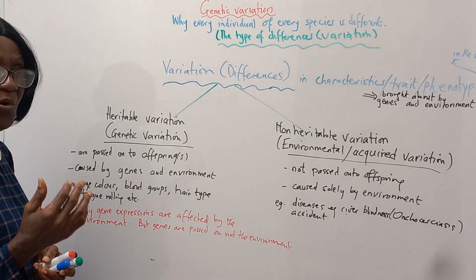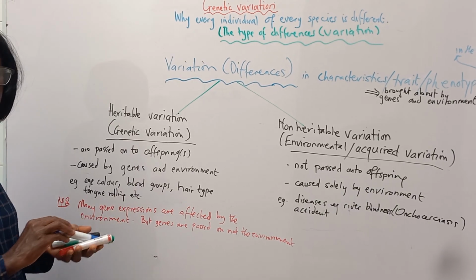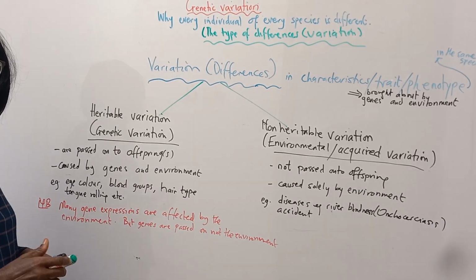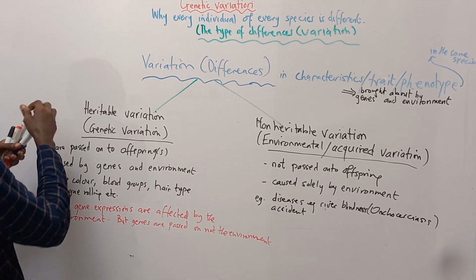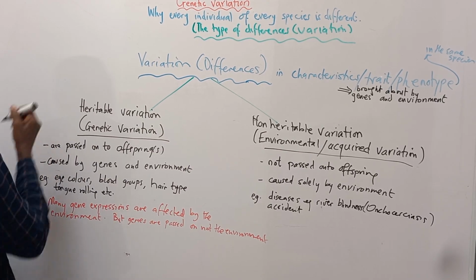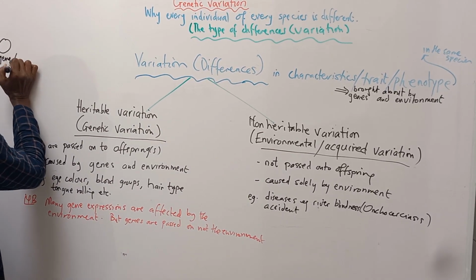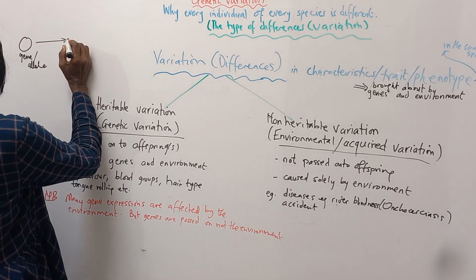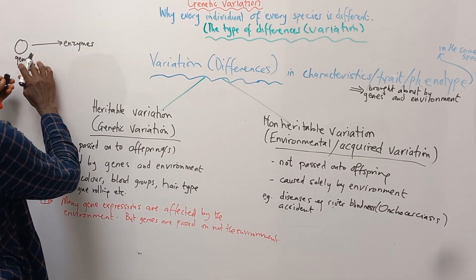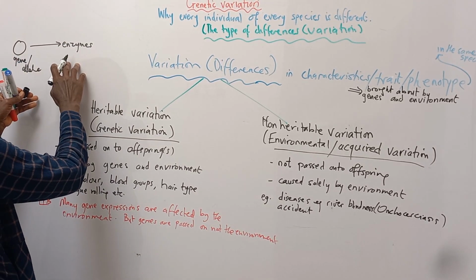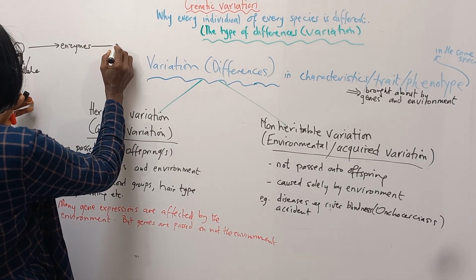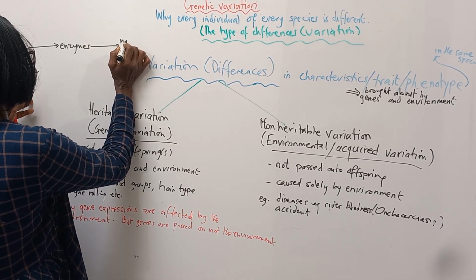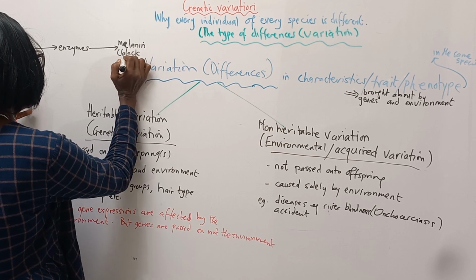The fur of the Himalayan rabbit is white or black, determined by an allele or a gene that produces enzymes that produce melanin. So if I have an illustration, see this is a gene or allele, this gene or allele will produce enzymes. Genes produce proteins. Enzymes are proteins. This enzyme will cause melanin to be produced, and melanin is a black pigment.